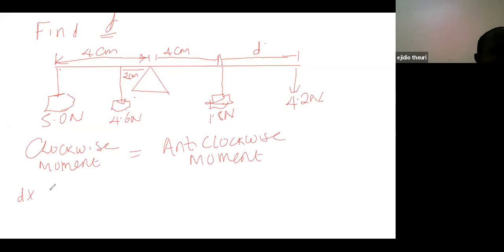Ensure all distances are measured from the pivot. For the 4.2, distance yake itakuwa ngapi? 4.2 times the distance, which will be 4 plus D. We can use centimeters, no, let's use meters.